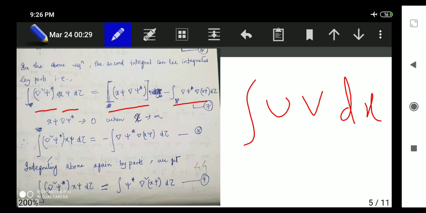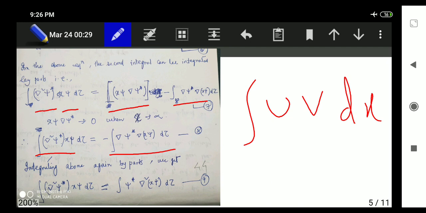Because we know when x tends to infinity or minus infinity, psi has to be a finite quantity, so it tends to 0. So 0 multiplied by anything, even infinity, becomes 0, the power of 0, which was discovered by Aryabhatta, isn't it? Okay. So this term becomes 0, and we remain with this.